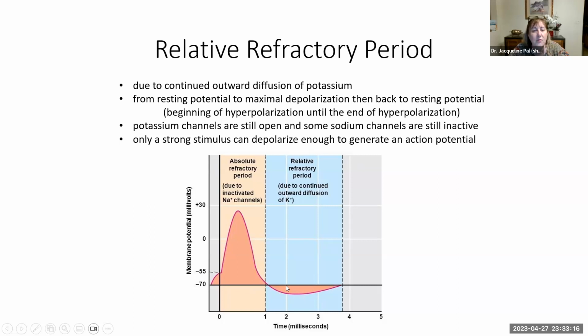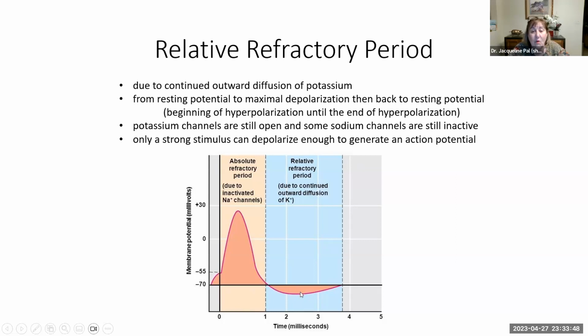So for instance, if this straight line is minus 70 and the peak hyperpolarization is maybe minus 85, to get from minus 85 to the threshold of minus 55 you would need a stimulus that has to depolarize by 30 millivolts, as opposed to the normal stimulus from the resting membrane to the threshold, which only has to depolarize 15 millivolts.